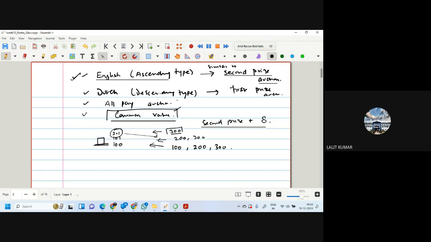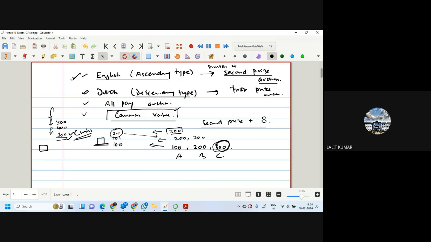Now coming to Dutch, with the same bidders. It starts with, for example, 500. At 500 nobody bids. It comes to 400, nobody bids. It comes to 300, and C bids, he wins and pays 300.